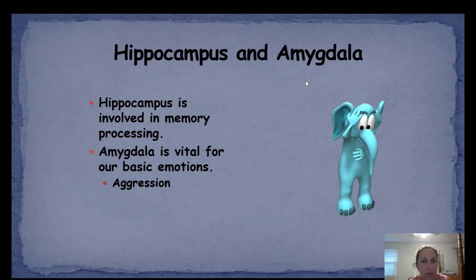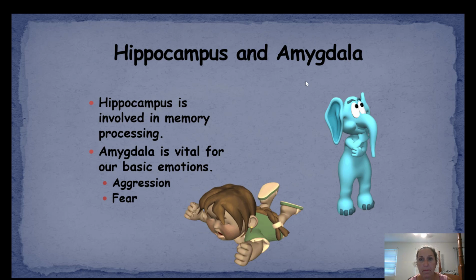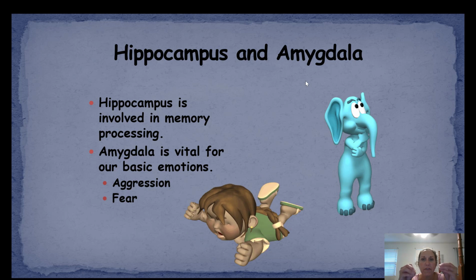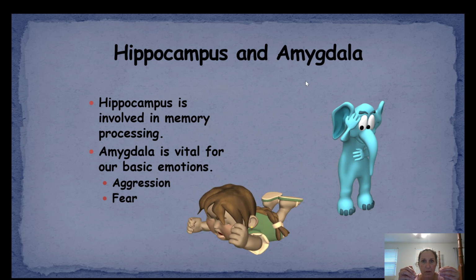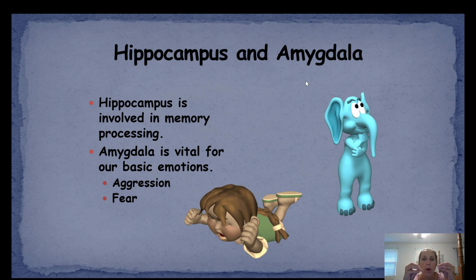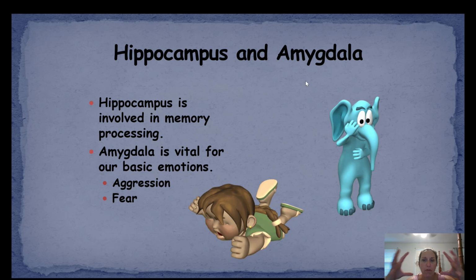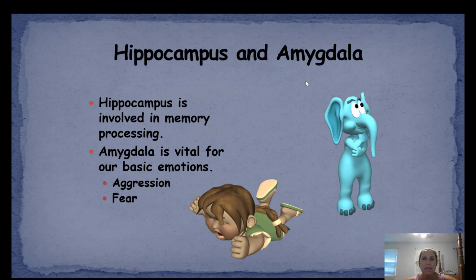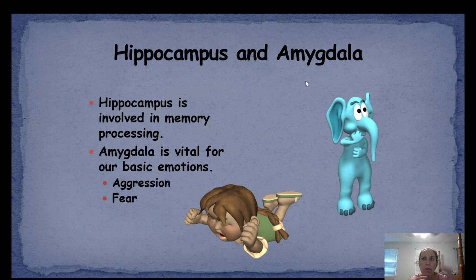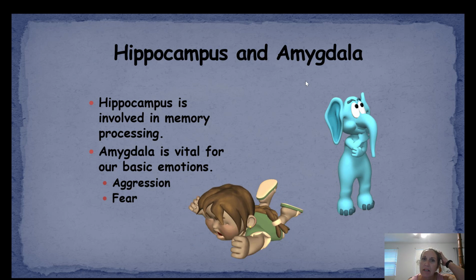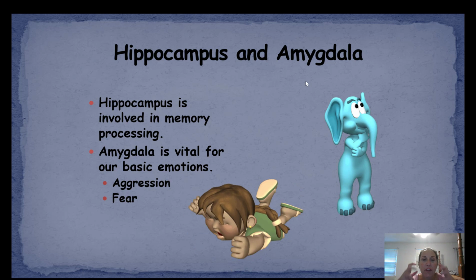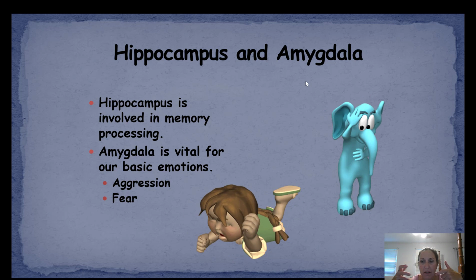Mostly, however, aggression, fear, and anger. That's your amygdala. So amygdala is aggression, fear, and anger, okay? As we talk about your forebrain, we're going to move into the cerebral cortex, and we're going to discover that your cerebral cortex is what can override some of this fear, aggression, and anger from the amygdala, okay?